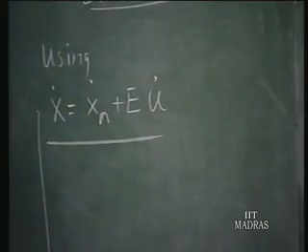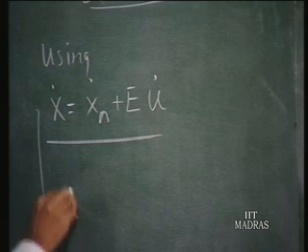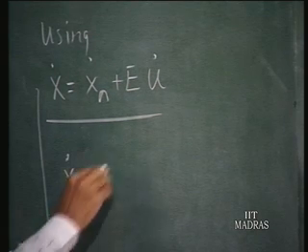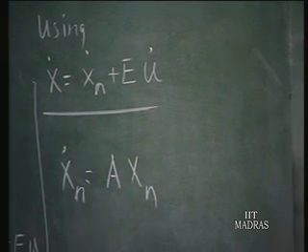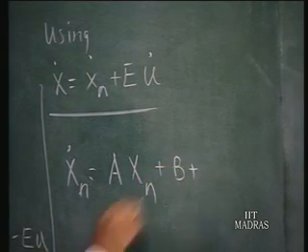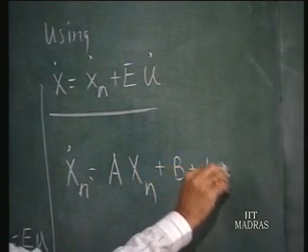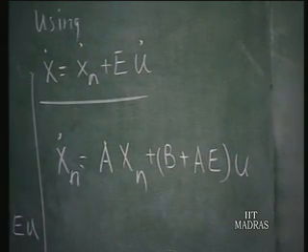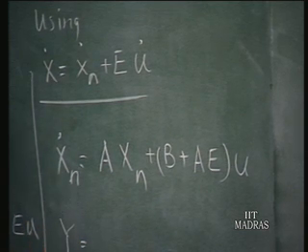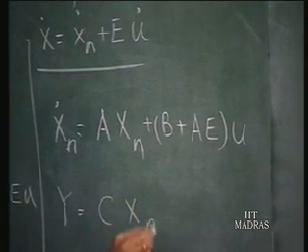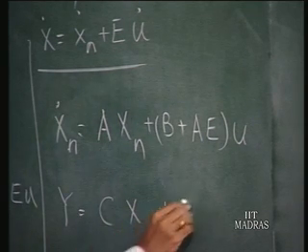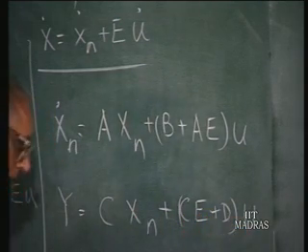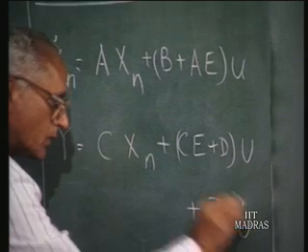Using this relation, you can finally show that xn dot equals A xn plus (B plus AE) times u, and y equals C xn plus (CE plus D) u plus F times u dot.